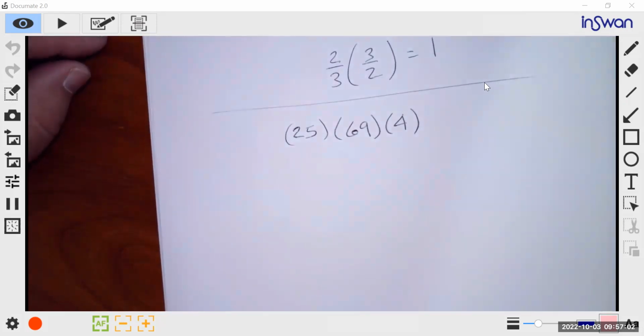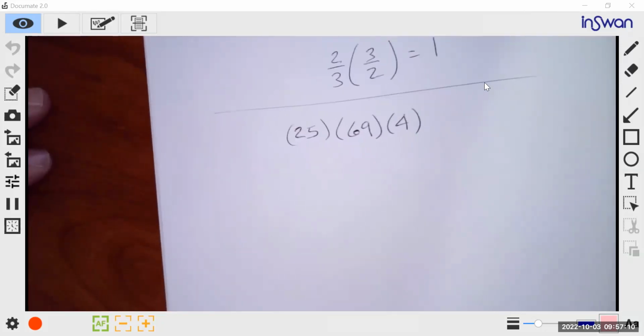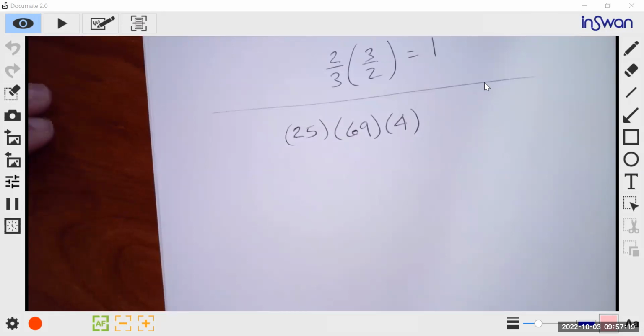Again, at this level of math, you should never use calculators. Because if you get dependent on calculators at this level, then upper levels are going to kill you. So do we know any properties we can use here that'll help us?